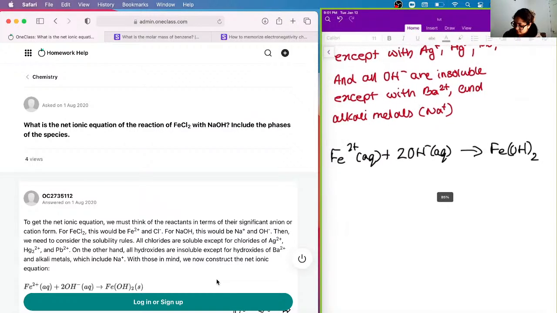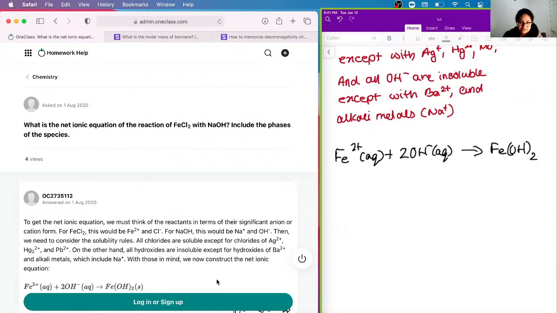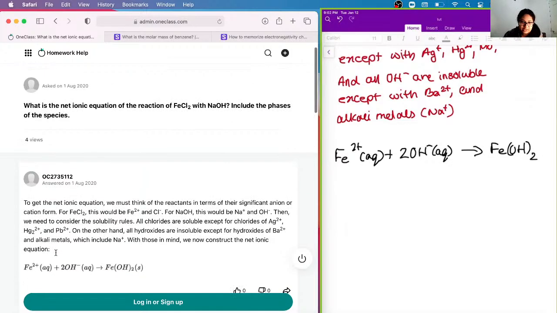So over here, it says, what is the net equation of the reaction, including the phases? Since the hydroxide is soluble with sodium, we don't really include it in the equation. And chloride won't react. So if you react chloride with any of the other metals, it wouldn't produce a precipitate.